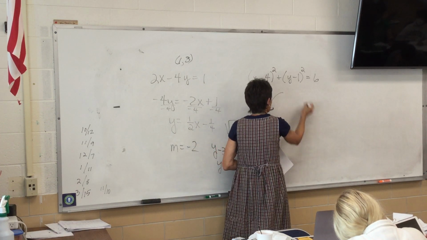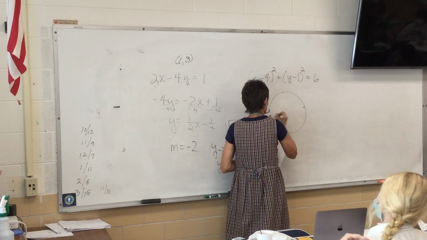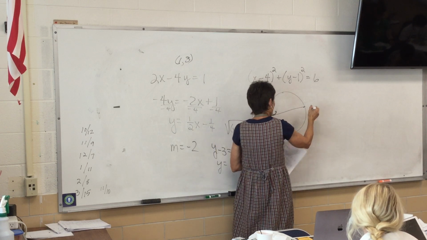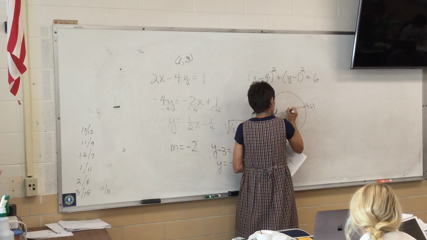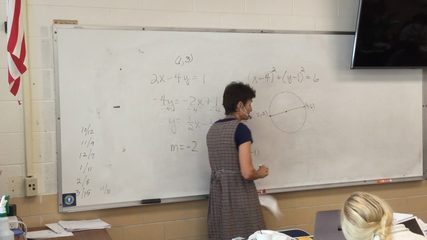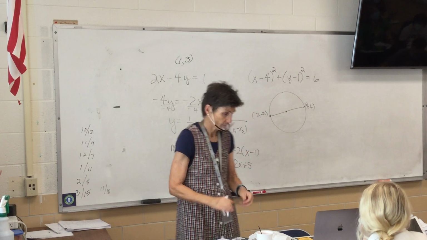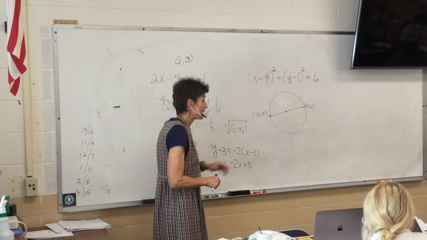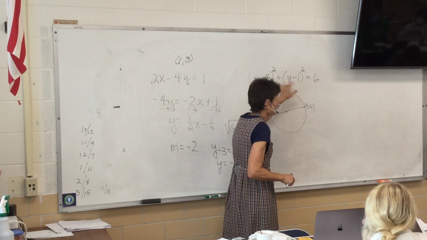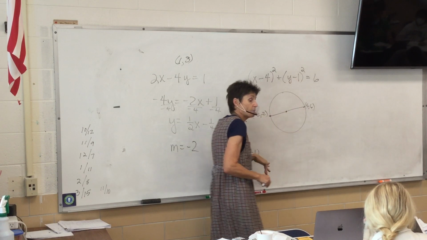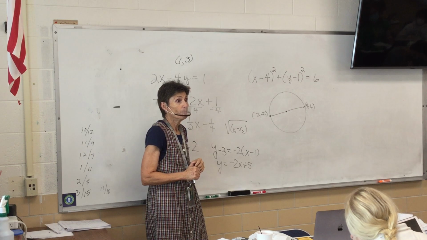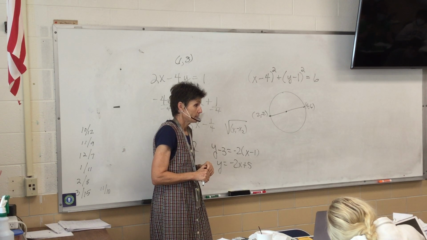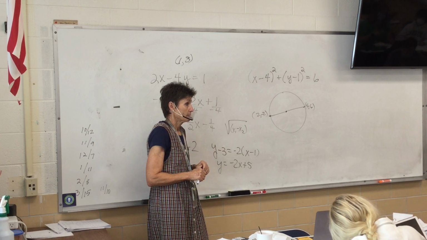Now you're gonna do the same thing, but this time what you're told is that the diameter has endpoints at 2, negative 2, and 4, 6. So the midpoint of the diameter will serve as the center of the circle, right? So how do we find the midpoint? Middle value. It's x plus x divided by 2.